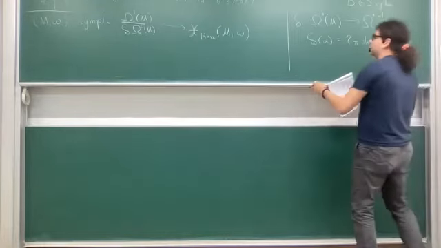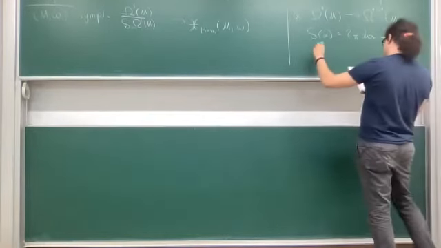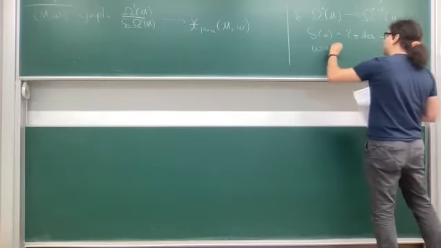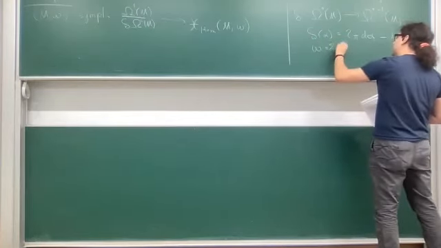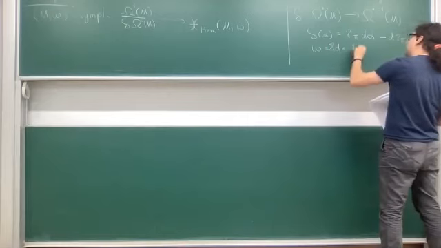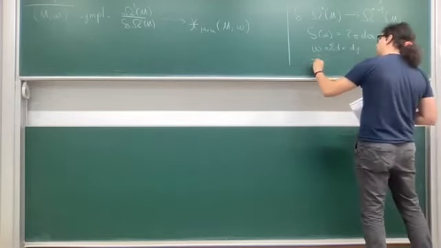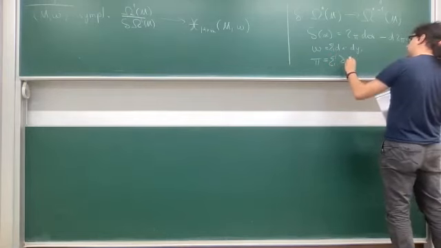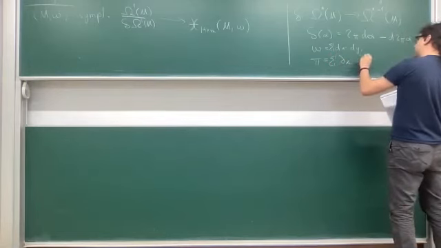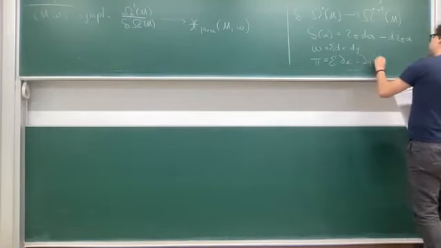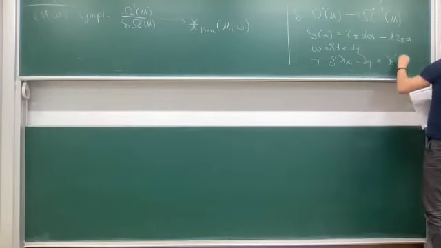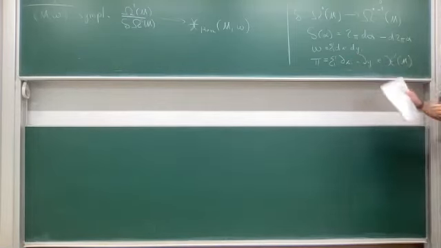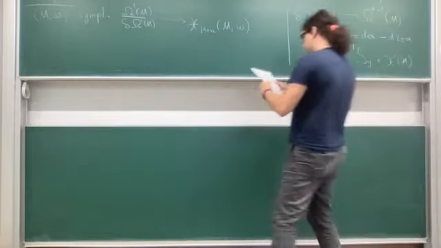And in case you're not familiar with it, if omega would be the sum of dx_i wedge dy_i, then pi would be the sum of partial x_i wedge partial y_i. I wrote it in coordinates, but it is intrinsic.